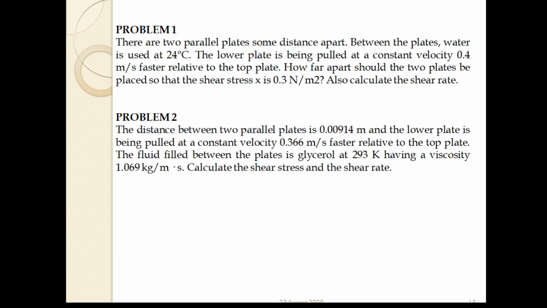How far apart should the plates be placed so that the shear stress is 0.3 Newton per meter square, and also calculate the shear rate. Problem 2 also asks you to calculate the shear stress and the shear rate. These two problems you have to solve on your own.